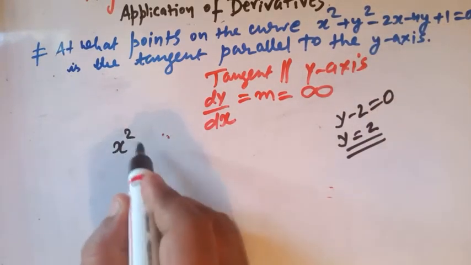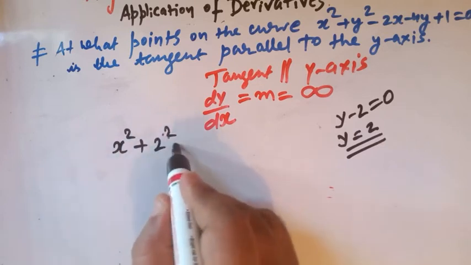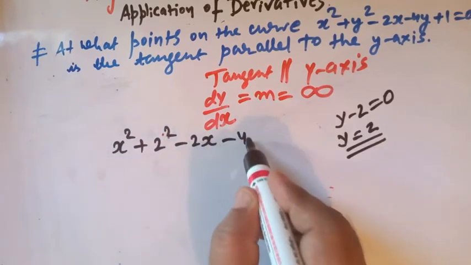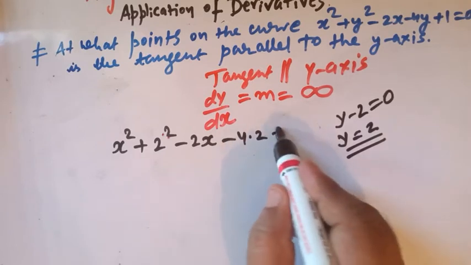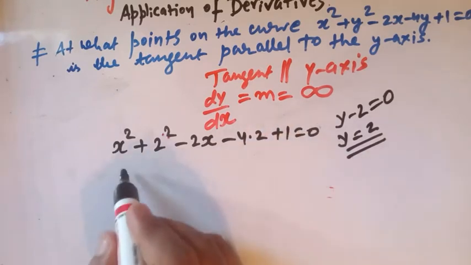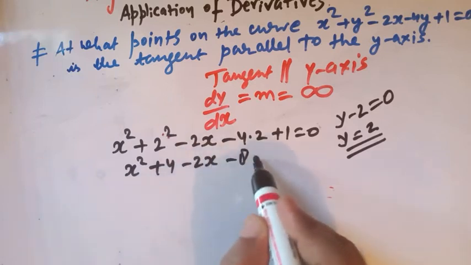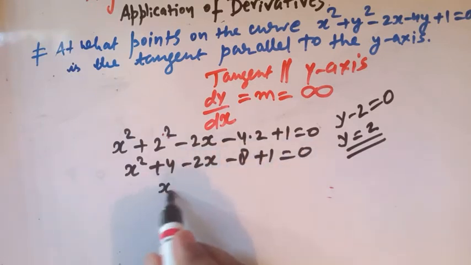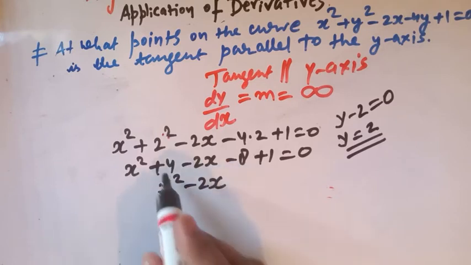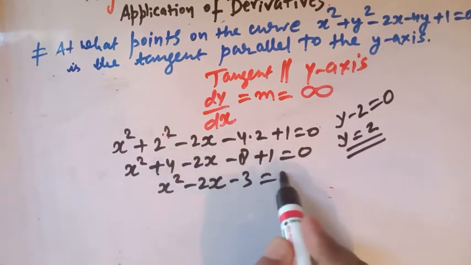So x square plus 2 square minus 2x minus 4 into 2 plus 1 equal to 0. So here we have x square plus 4 minus 2x minus 8 plus 1 is equal to 0. So x square minus 2x, 4 plus 1, 5 minus 8, equal to minus 3, that is x square minus 2x minus 3 equal to 0.